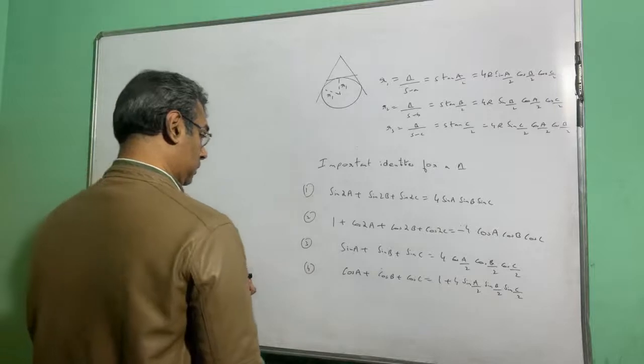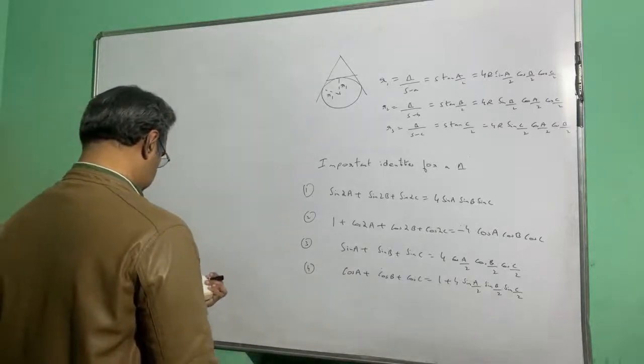Cos A plus cos B plus cos C is 1 plus 4 sin A by 2 sin B by 2 sin C by 2.